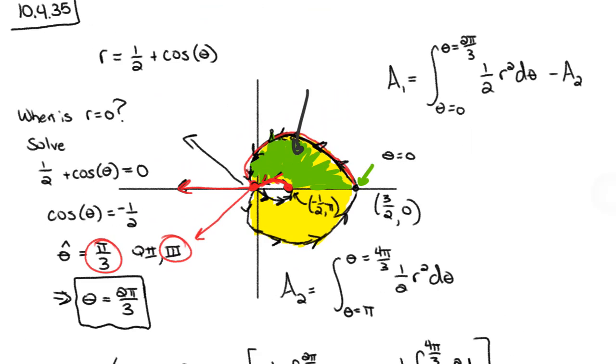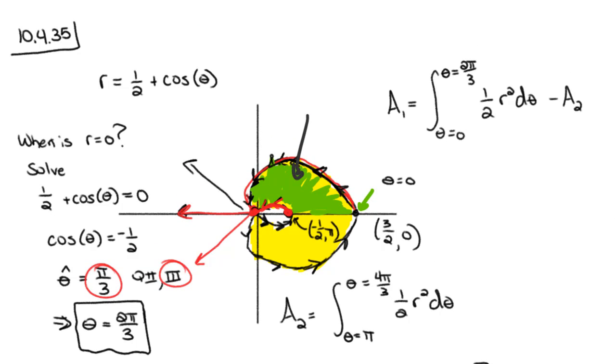A couple things I want to mention here when you're doing this problem. One, we could have done this going from angle 0 right here, all the way increasing, all the way to here, which is angle 2 pi over 3, right? And then subtracted off technically this region because that region is the same area.